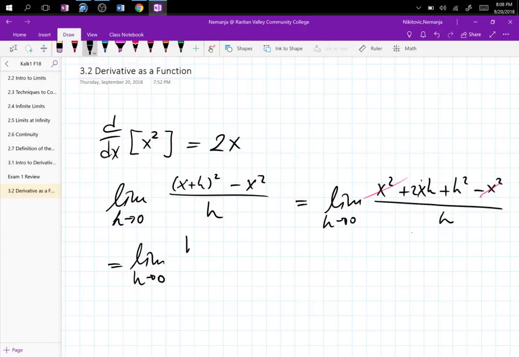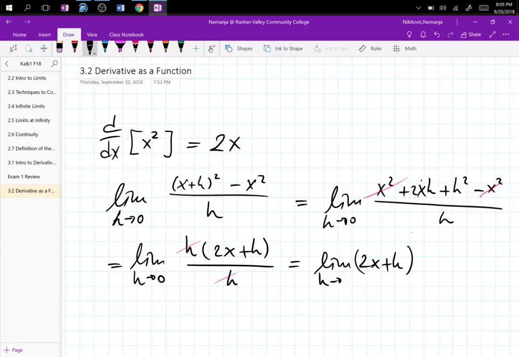We can factor out h. We have h times 2x plus h, divided by h. Now these two cancel, and finally we have the limit of 2x plus h as h goes to 0. Now we let h go to 0, and the answer is 2x. So that was a proof that the derivative of x squared is 2x.